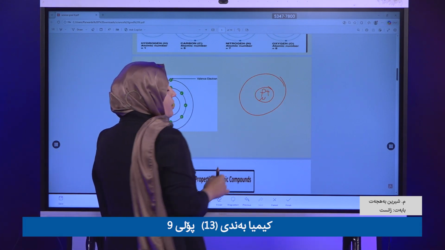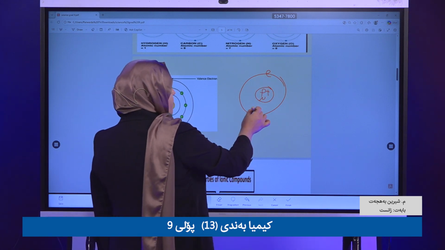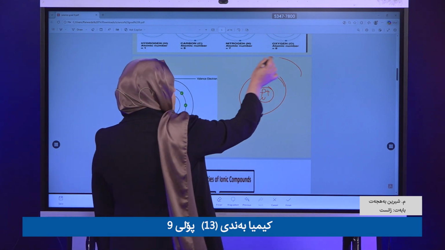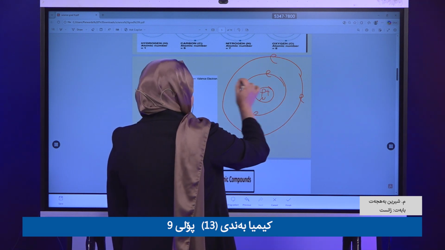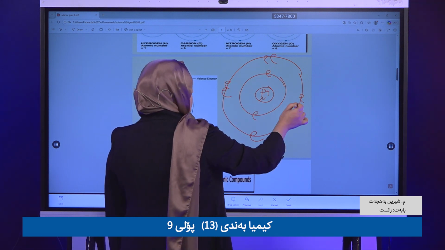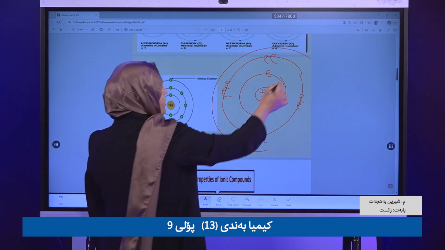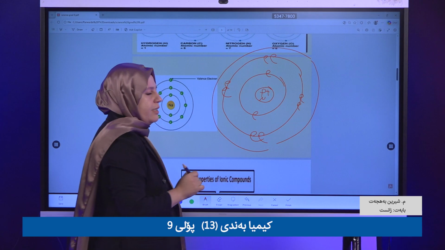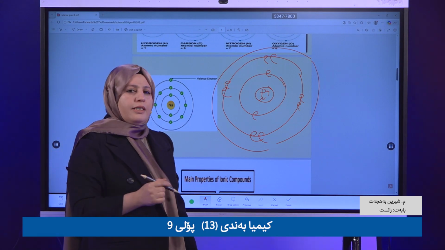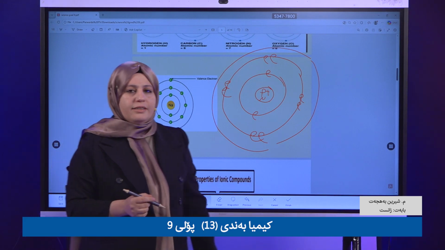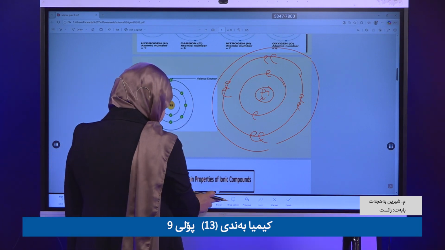The first shell is full with how many electrons? 2 electrons, okay? What about the second shell? It holds 8 electrons. The third one is full with 16 electrons, but it's okay if it has 8 electrons, it will be half full.